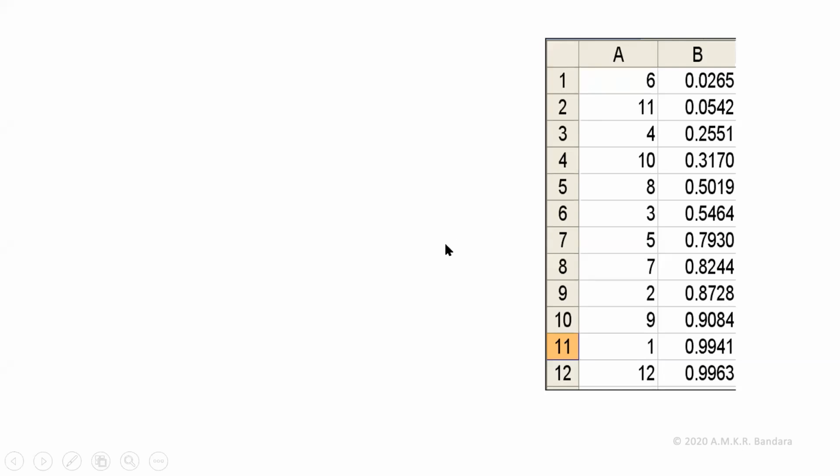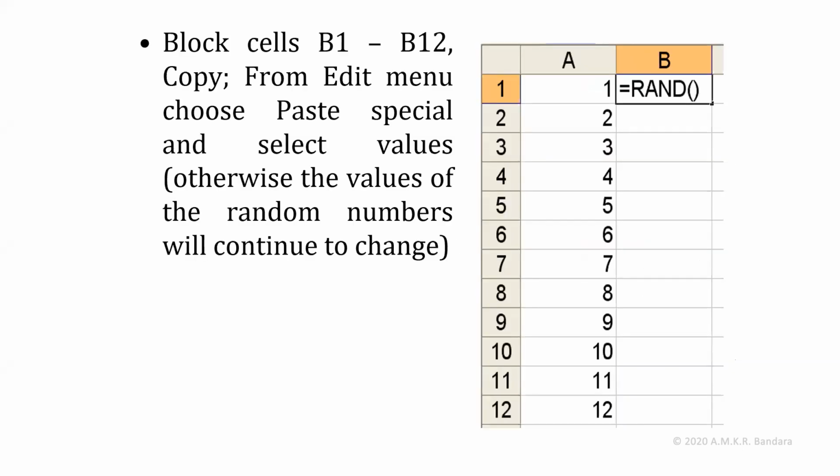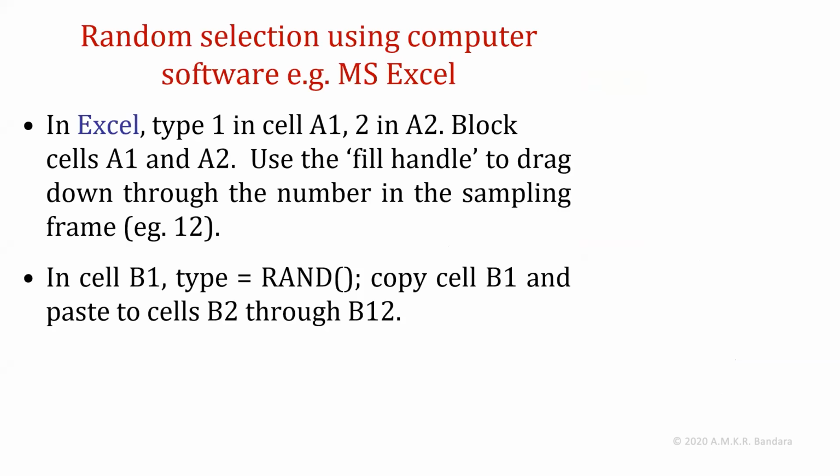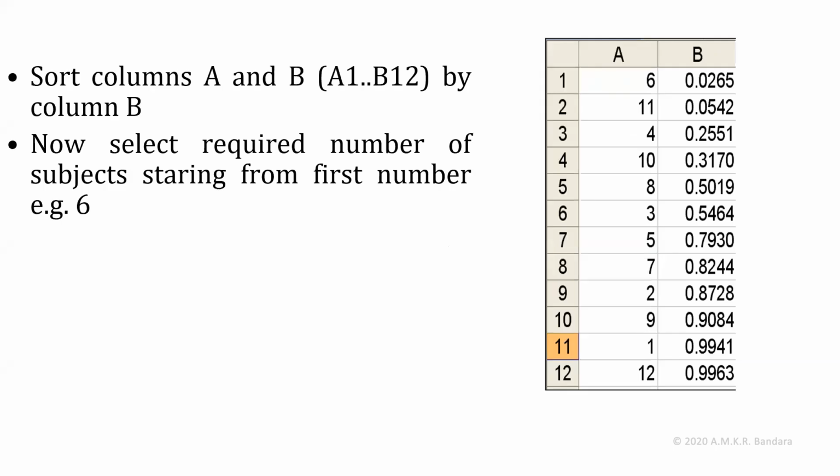In order to do that, you can go to Data and sort based on column B. Here, sort column A and B by column B. Then when you sort this data set based on this random number, you will see this is the order received for this population.